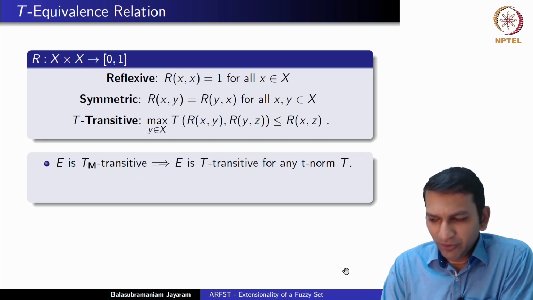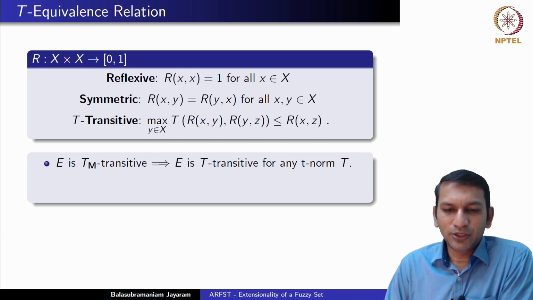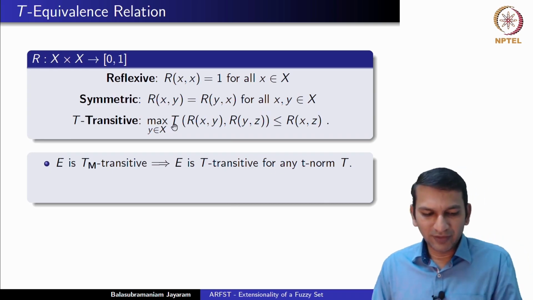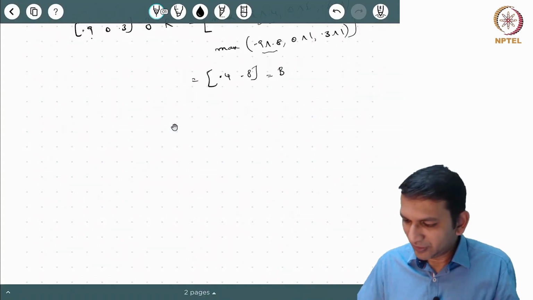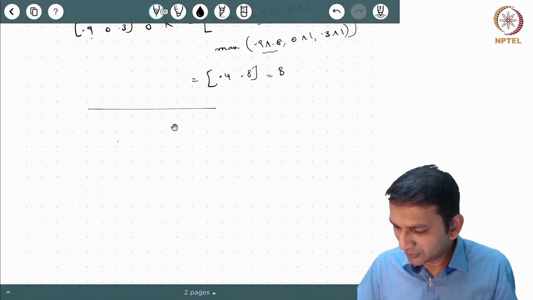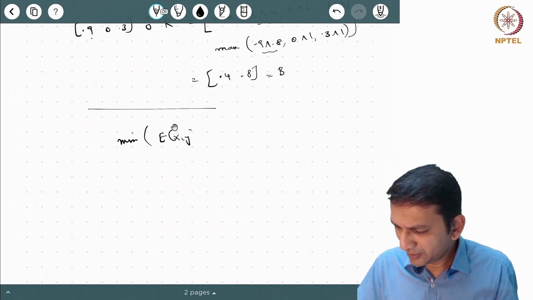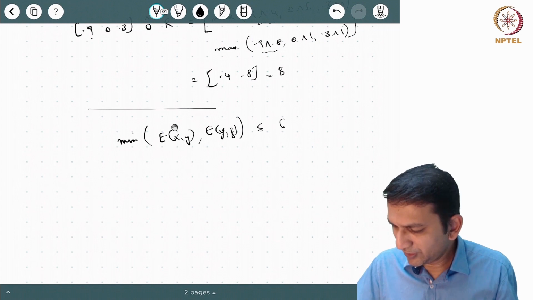Now, we know that if a relation is Tm transitive, then it is also T-transitive for any T norm, because, for instance, if it is Tm transitive, then what we have is min of E of xy, E of yz is less than or equal to E of xz for all xyz element of X cube.